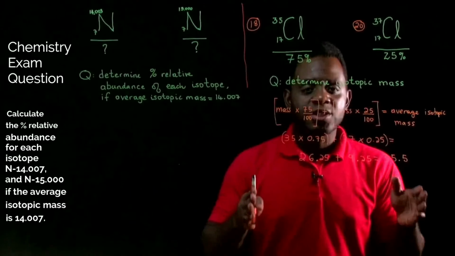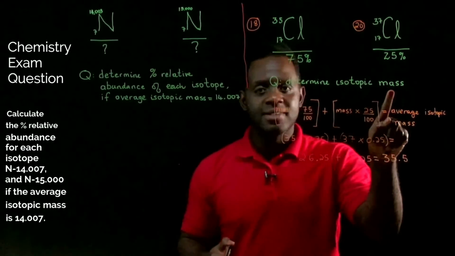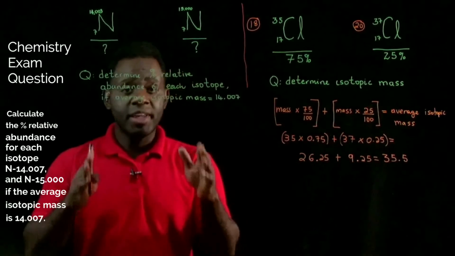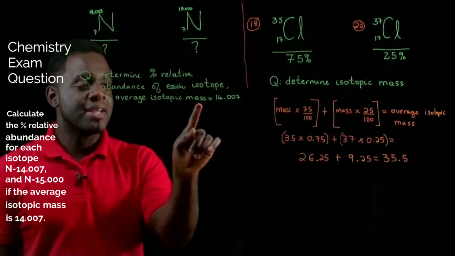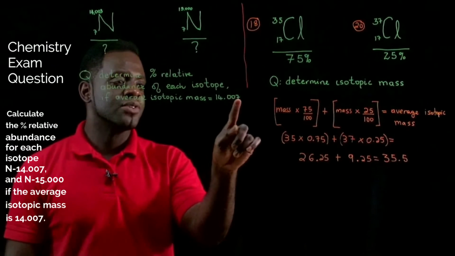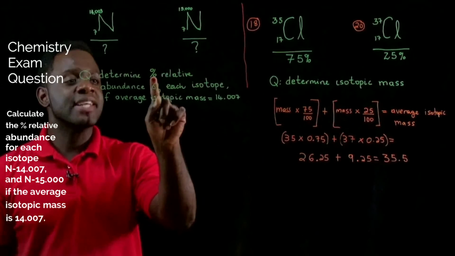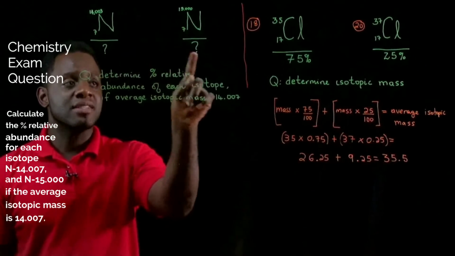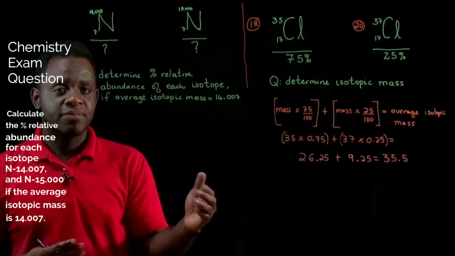So let's transfer our knowledge of how to determine the isotopic mass to our problem over here, where we have been given the isotopic mass, which is 14.007, but we have not been given the percentage relative abundance which we are asked to determine.